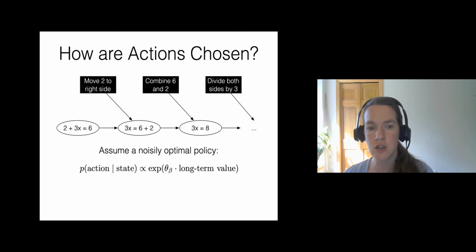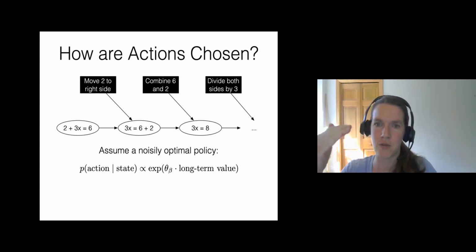So they tend to choose actions that have higher long-term values, but they don't do so perfectly. In our work on equation solving, we have this theta sub beta parameter, which is estimated for each student to tell us how optimally does the specific student choose her actions. That can give us a characteristic of how well does she plan out how to go from an unsolved equation to a solved one.